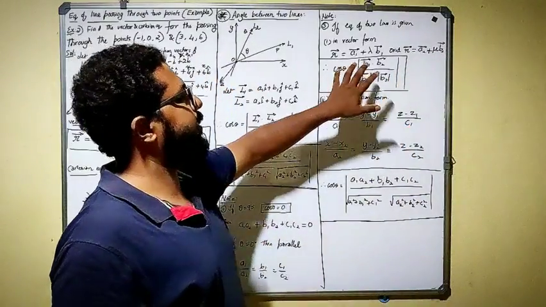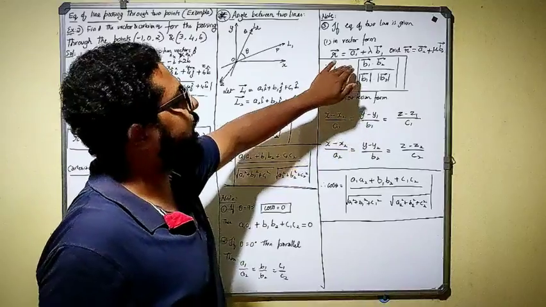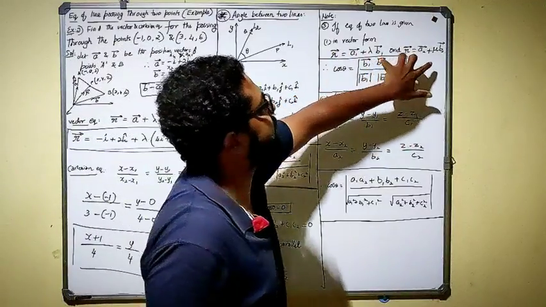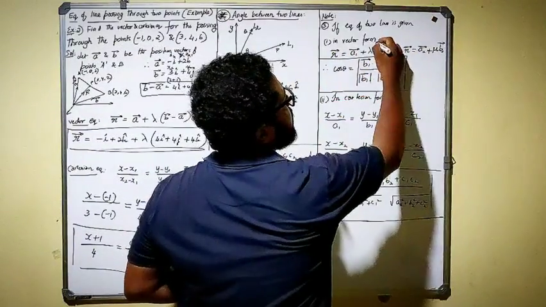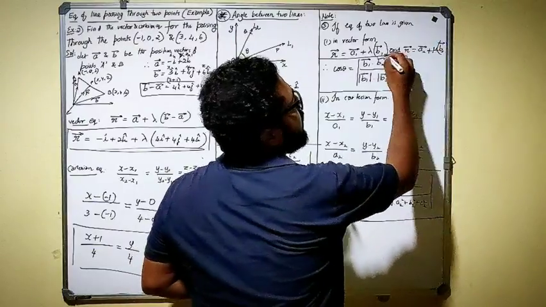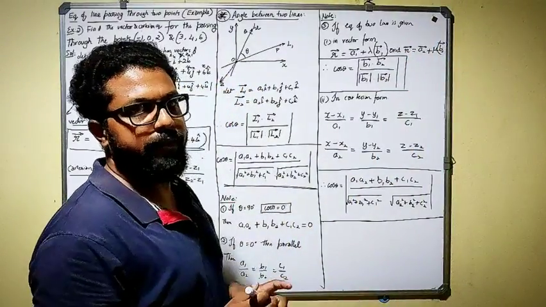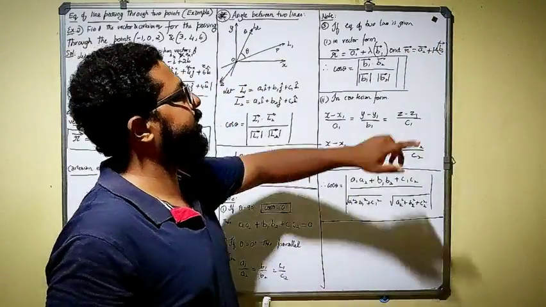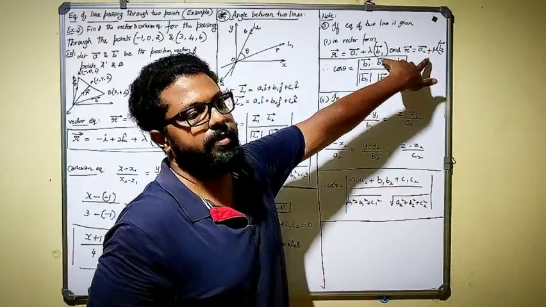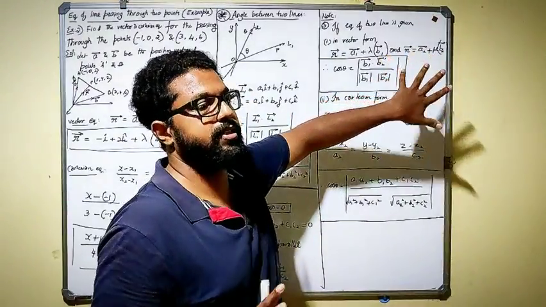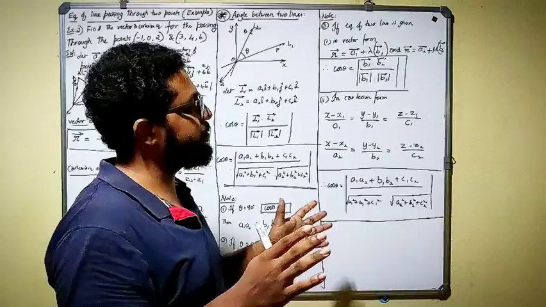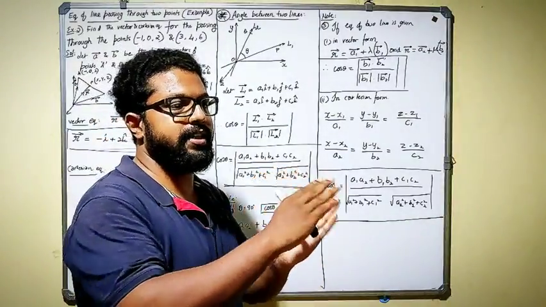To find the angle between these two lines, I need not look at anything else except the vectors involved with the lambda and mu, that is B1 and B2. Clear? Whenever the vector form is given, just look at the vector next to lambda.